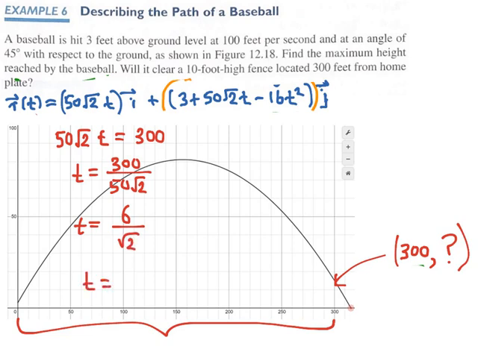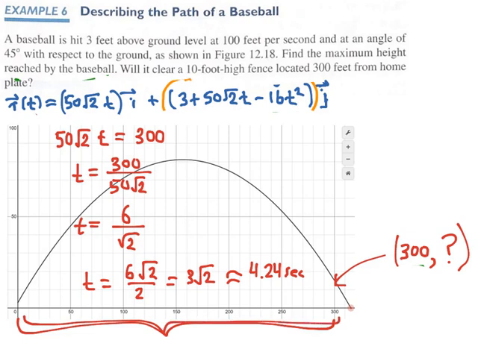You can rationalize the denominator and you'll get 6 times the square root of 2 over 2, or 3 times the square root of 2 seconds. That is approximately 4.24 seconds. So 4.24 seconds after the baseball was hit, it would have traveled a horizontal distance of 300 feet.